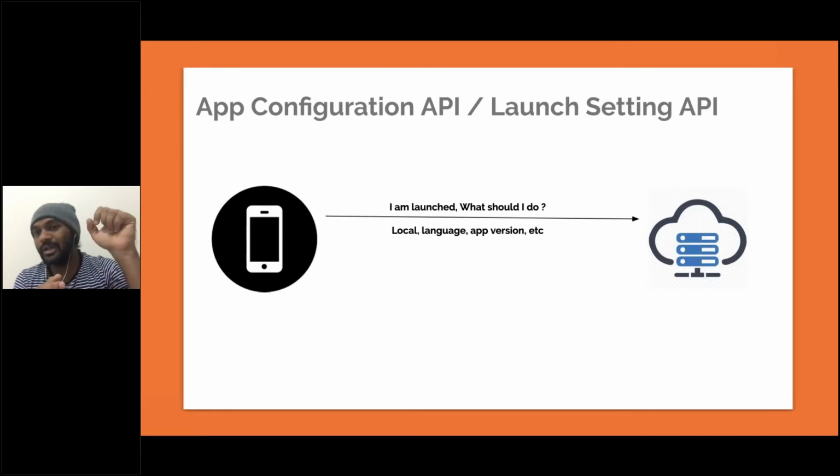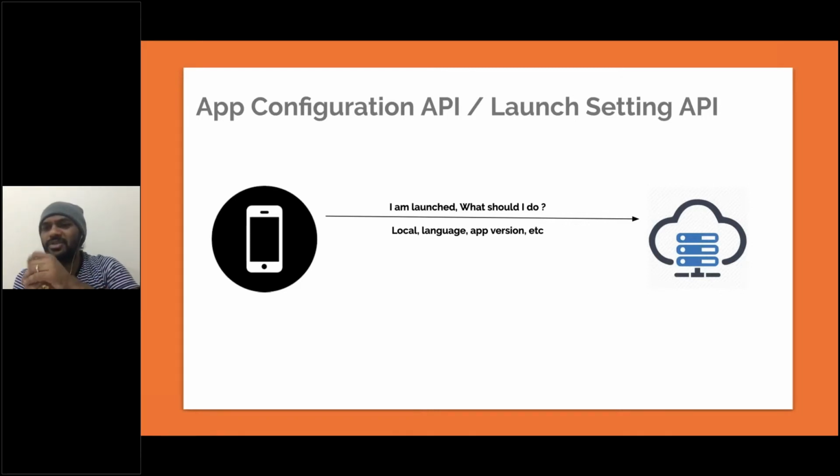So this locale is very important: the source country from where the application is launched. And the second parameter is language. If I am a Chinese user using an iPhone or Android phone, I don't want to use English, right?